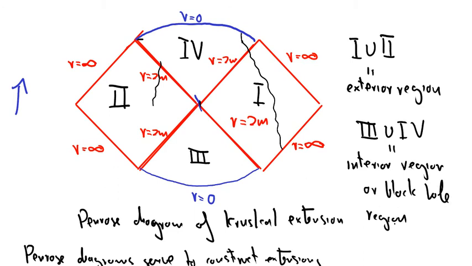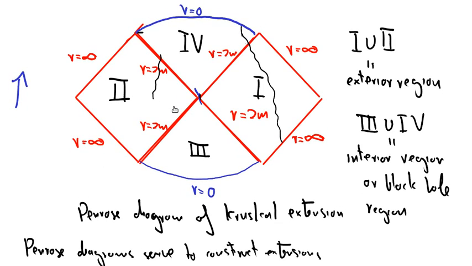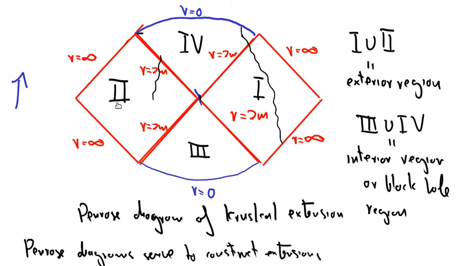Okay, so yeah, the diagram shows us very clearly the black hole nature of the Schwarzschild space-time. Well, also we can read off the topology of this space-time. Just remember that in a Penrose diagram, each point of the diagram represents a sphere, okay.